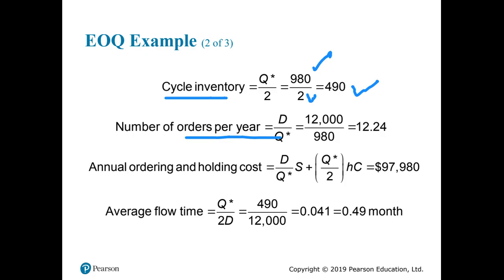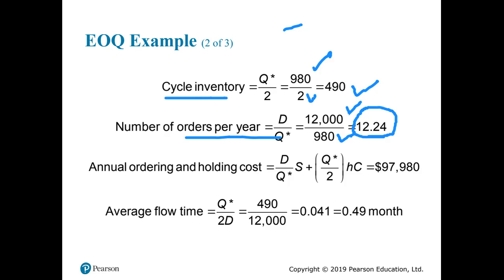It might give us 12.24 orders per year. So almost every month we are going to make one order. It's almost 12 orders we are making, so there has to be a repeat order after every month.